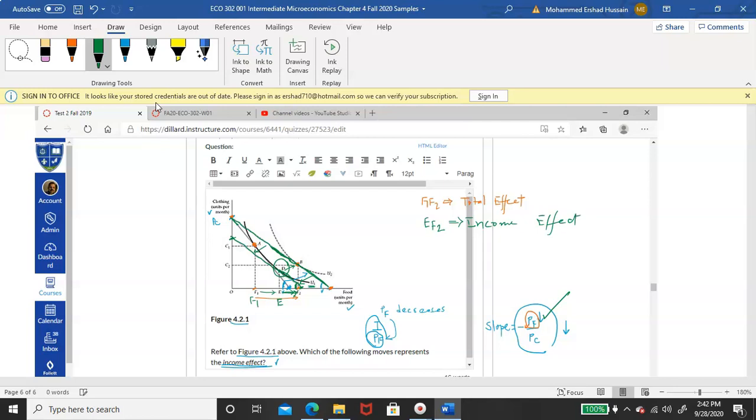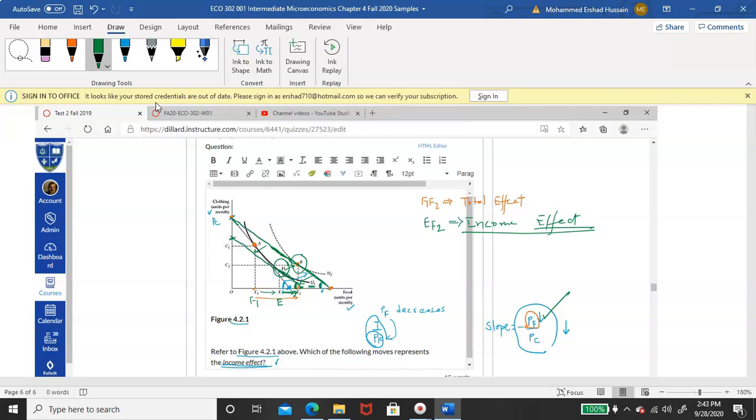One easy way to distinguish the income effect from the substitution effect: for the income effect, you find the difference between points such as D and B, but D and B correspond to two parallel budget lines, right? Where this slope and this slope are the same. They both reflect the new price ratios, but at different levels of income.